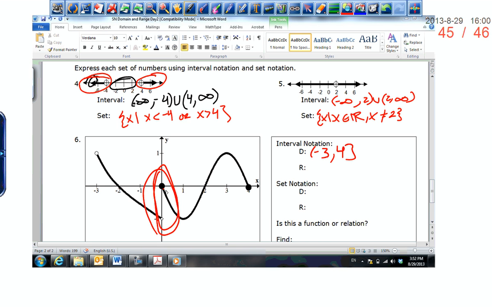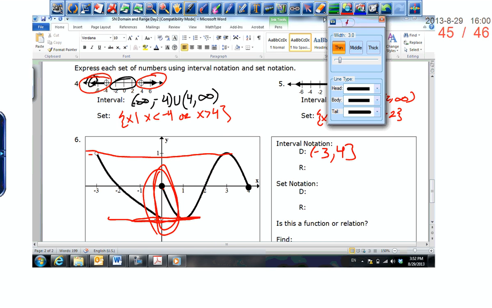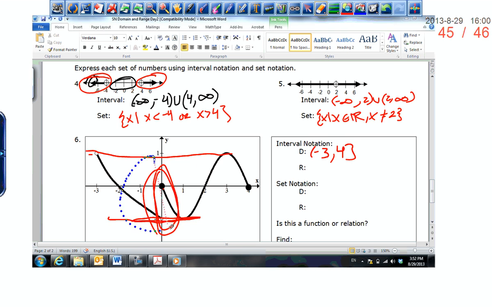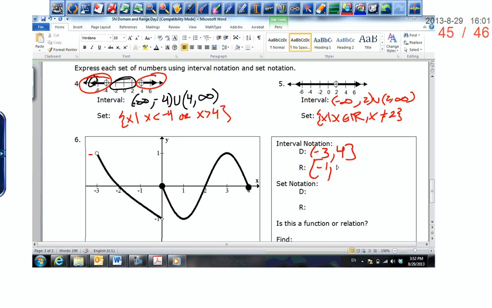My range, I go bottom to top, same rule. Even though I have an open circle here and a filled-in circle there, I'm going from -1 to 1. I'm using brackets on those.